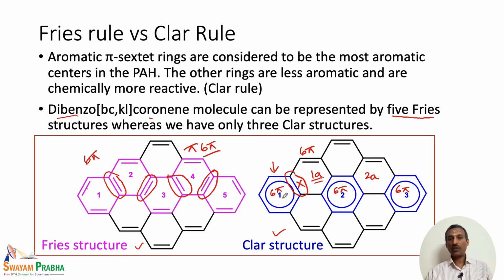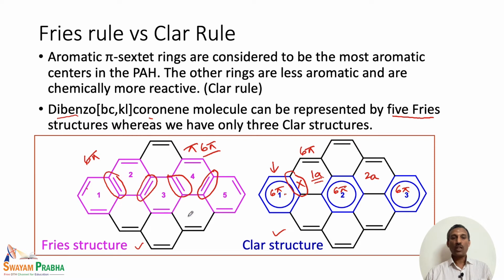The rings 1, 2 and 3 have 6 pi electrons, so they are very stable benzene rings and generally do not undergo reaction, whereas the other rings which do not have 6 pi electrons readily undergo reaction.